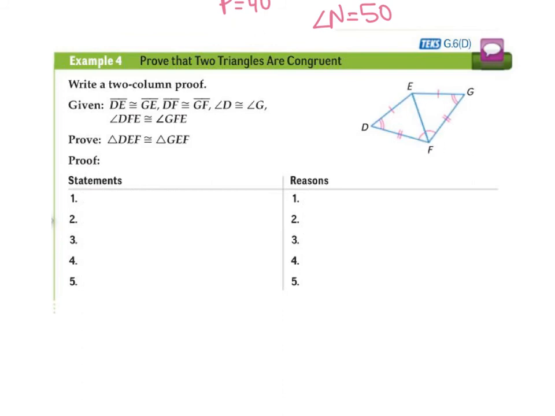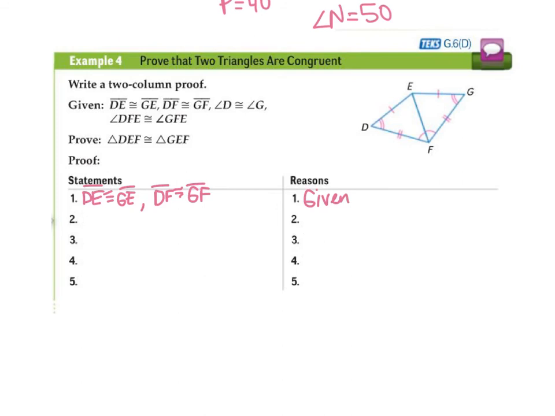First step, we're going to write down what we know. We know that DE is congruent to GE, and DF is congruent to GF. The reason for this is because it's given. Remember, anytime you're given information, you just write that down.